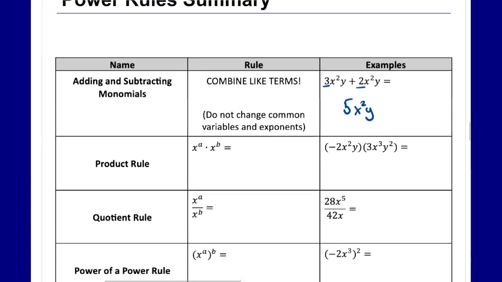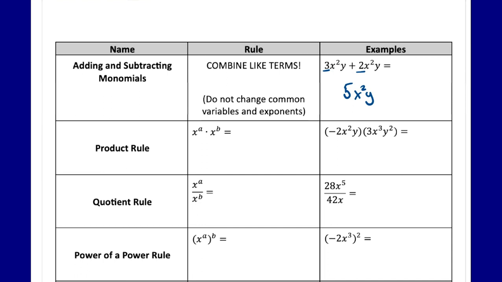We don't change the variables or the exponents when we're collecting like terms. Now, when we get into our power laws, we will change the exponent, but we're not adding or subtracting anymore. We're going to be multiplying, dividing, or raising to an exponent. So for example, x to the power of a times x to the power of b, we add our exponents. So in this example here, I'm going to focus on like parts, similar to when we're dealing with radicals.